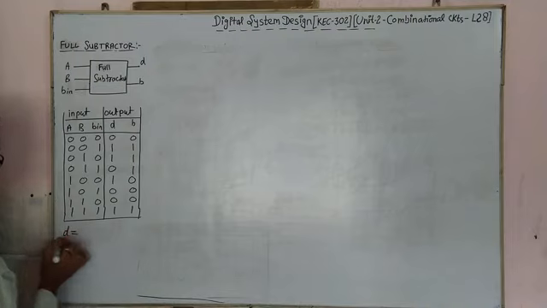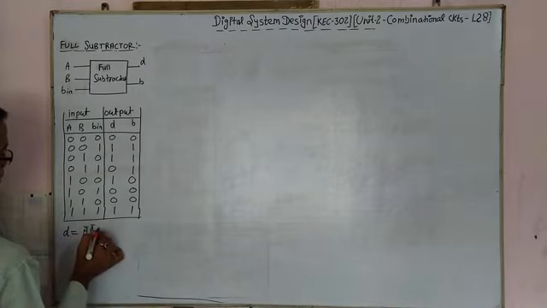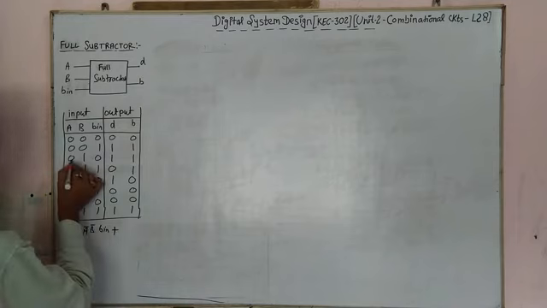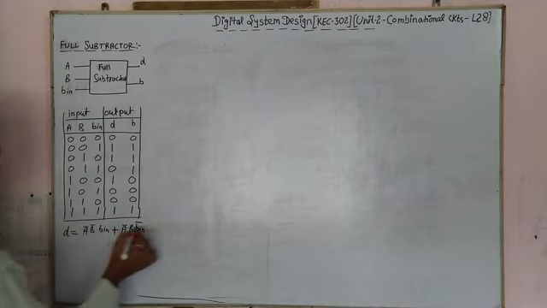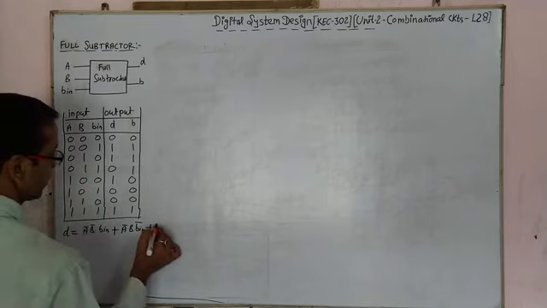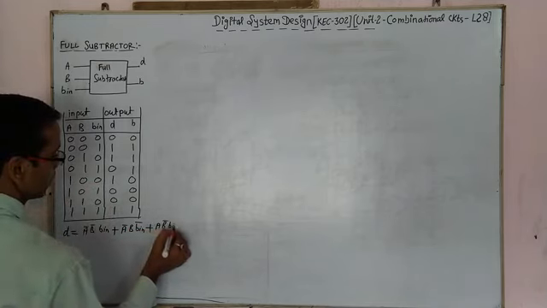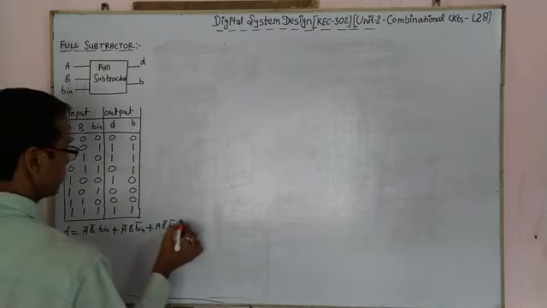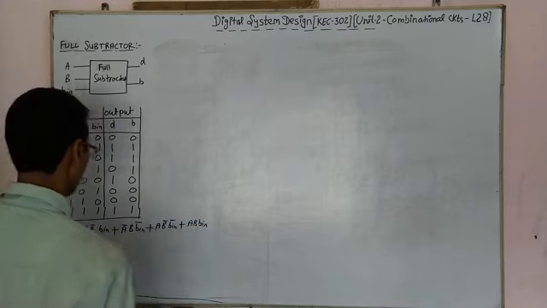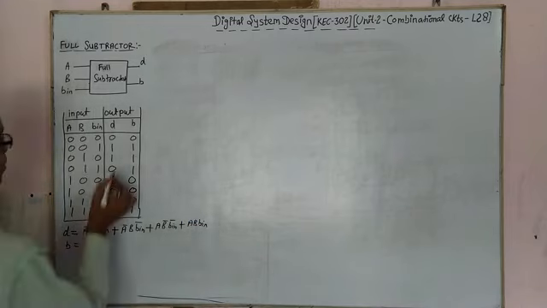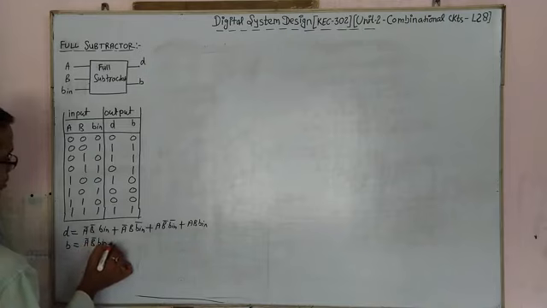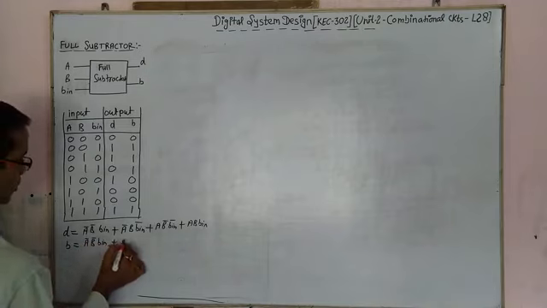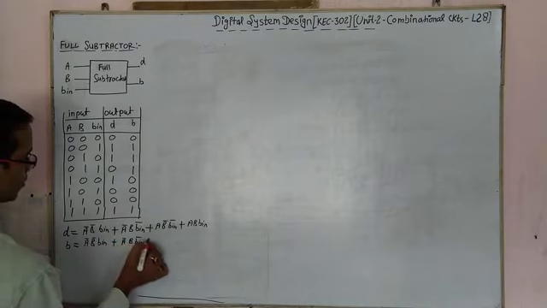For D, the minterms are A bar B bar B in, A bar B B in bar, A B bar B in bar, and A B B in. Similarly, for borrow: A bar B bar B in, A bar B B in bar, A bar B B in, and A B B in.